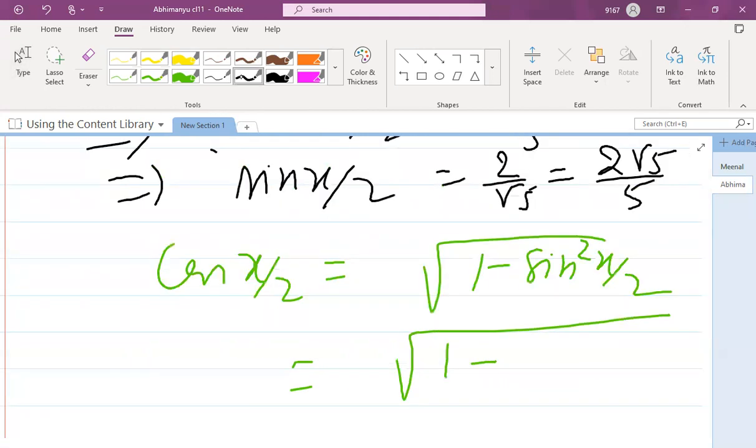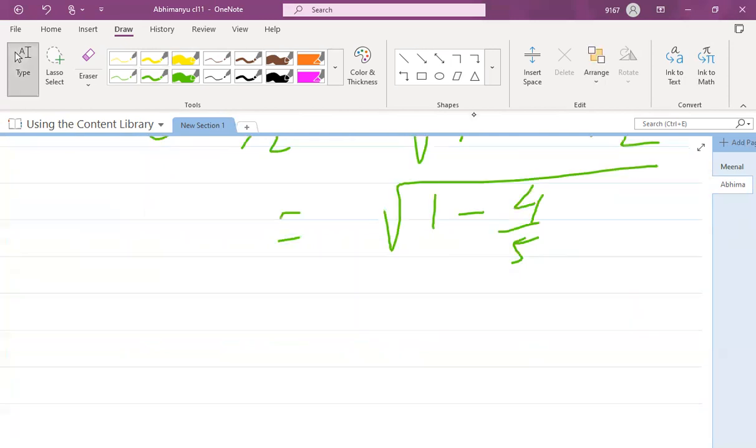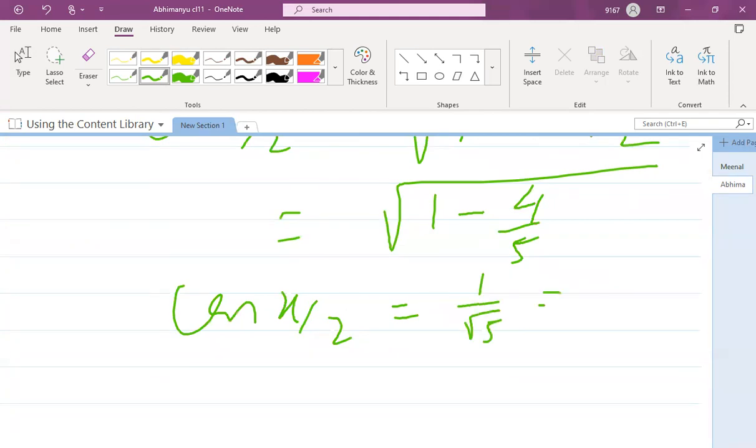So this is 5 minus 4, 1 by 5. So cos x by 2 is actually 1 by root 5, which comes to root 5 upon 5. Now tan x by 2.